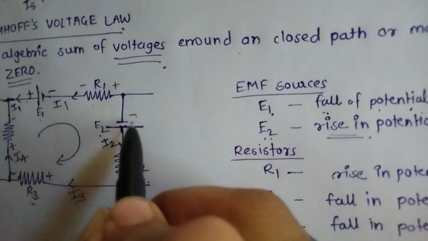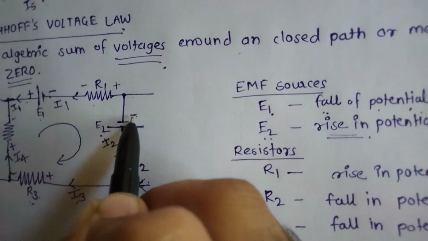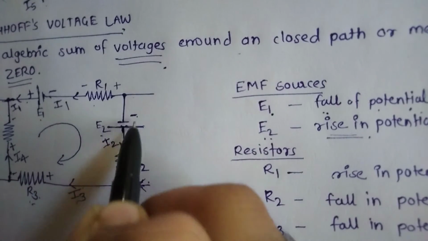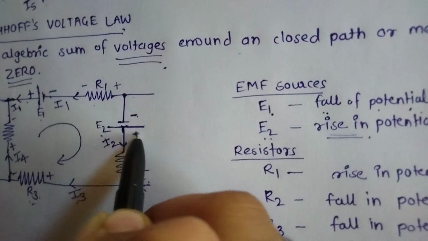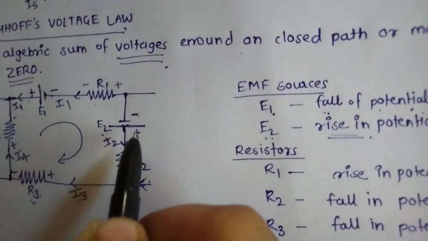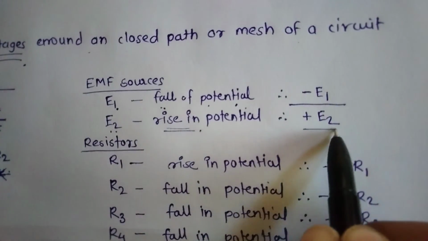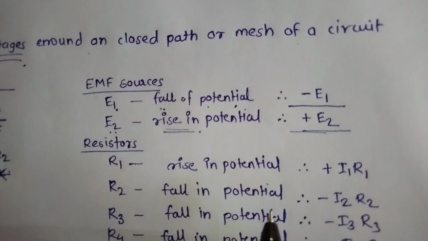Why is it so? We are moving in a clockwise direction, and it increases from negative to positive. So voltage is increasing in this direction, so we will take it as positive E2, right?